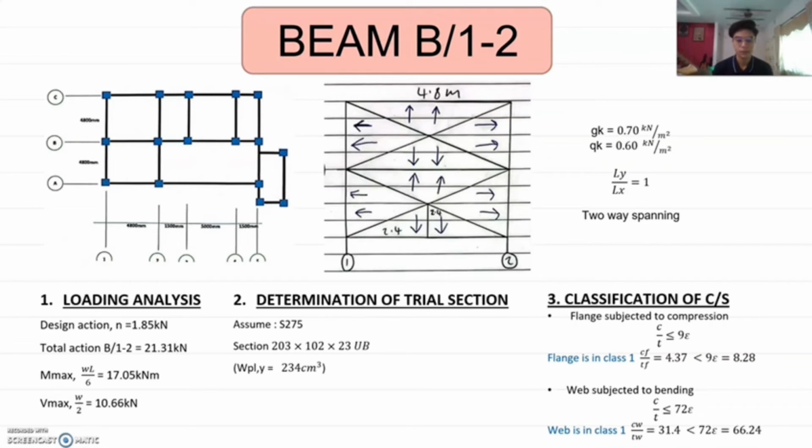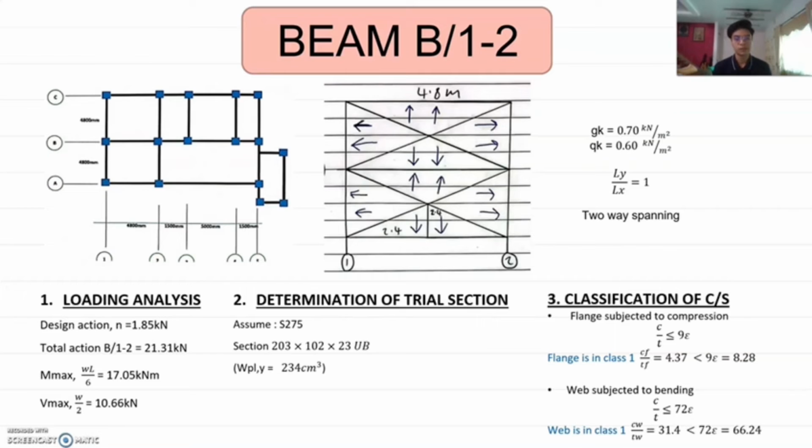The next step, which is the third one, we have to classify which class the flange and the web are. For flange subjected to compression, the formula is C over T less than 9 epsilon. CF over TF equals 4.37, which is lesser than 9 epsilon, which is 8.28.